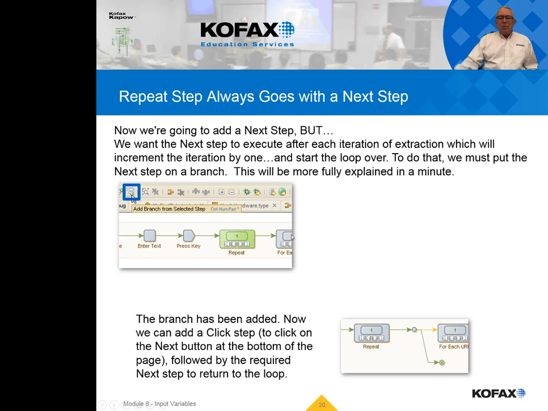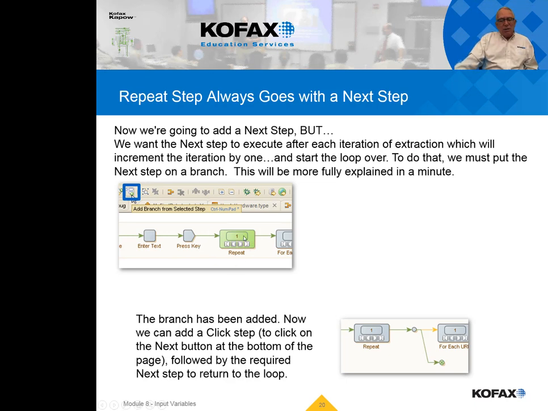Now what we're going to do is add a branch. Repeat loops always are paired with what's called a next loop. They're paired together, and the whole thing together is called a repeat next loop. For this to work, we actually need to create a branch, and I'm going to do that right now.